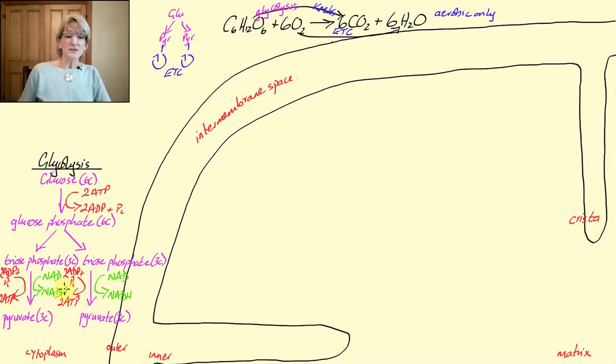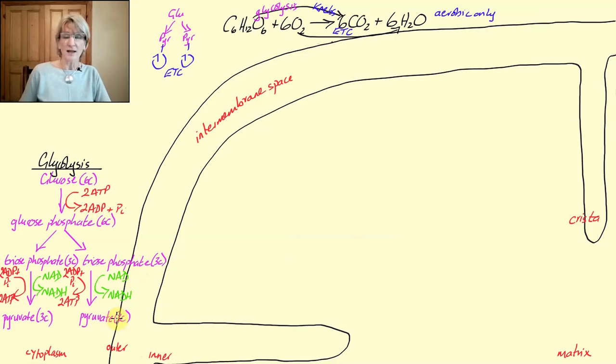In animals, the pyruvate is turned into lactic acid, and that is so that the NADH can be recycled back to NAD. And in plants and in microorganisms, the pyruvate is turned into ethanol and carbon dioxide.